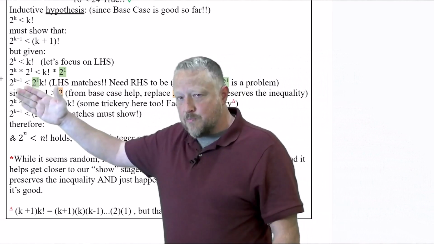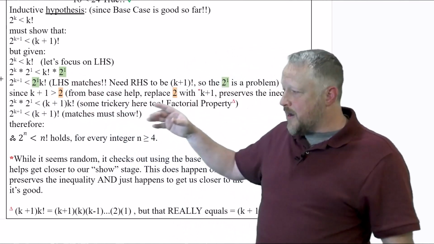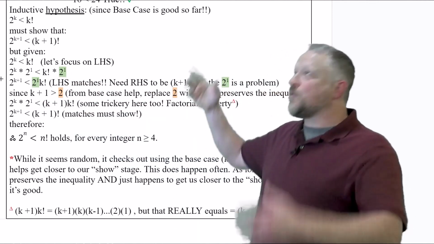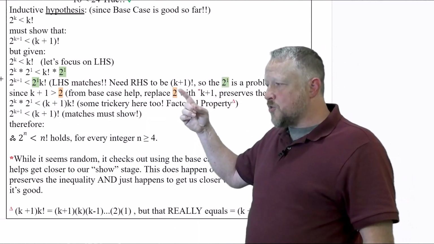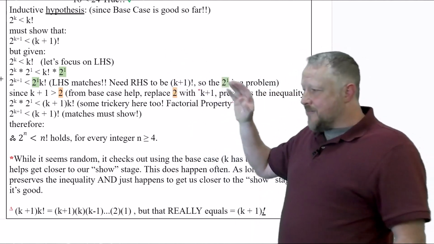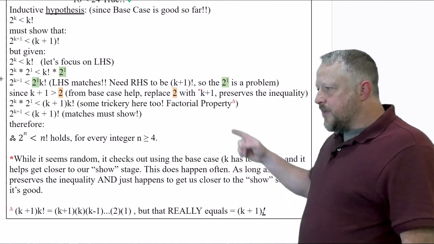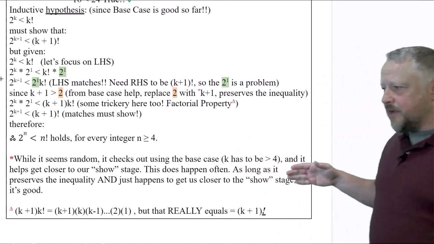Notice I had to match the left-hand side first, then I went ahead and got the right-hand side and went from there. And again, I'm not pulling things from the sky here. I knew I needed k plus 1. We had k plus 1 already in our base case. That's what helped us solve this out and go from there. The k plus 1 I also go over in here as well.